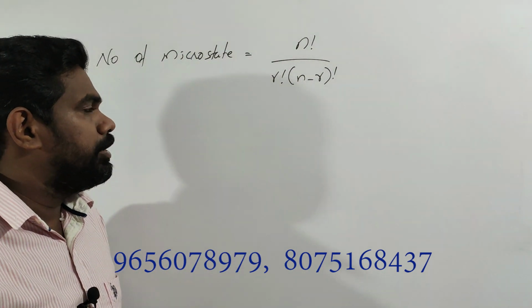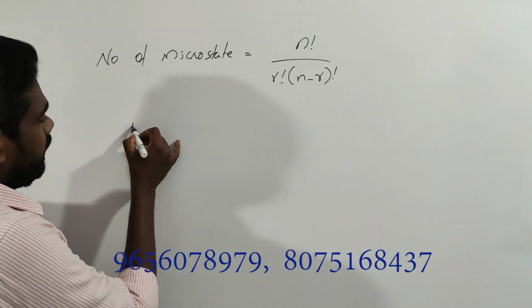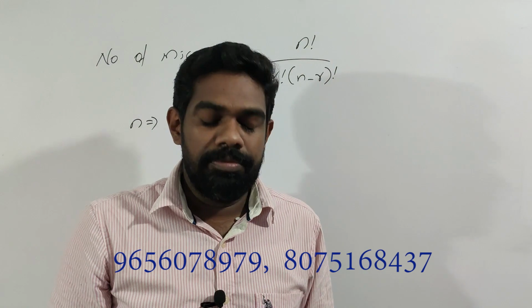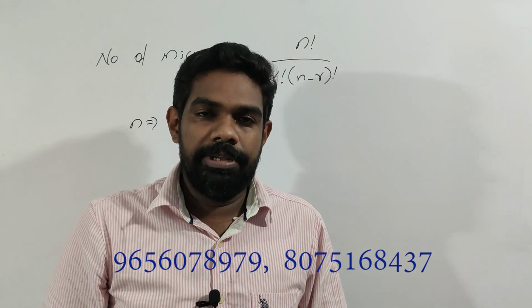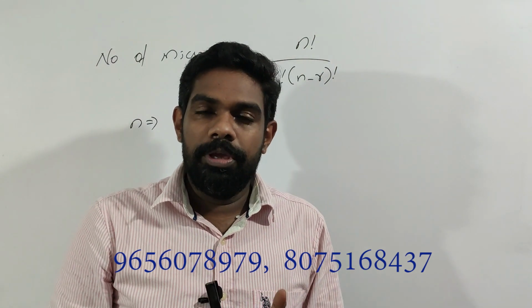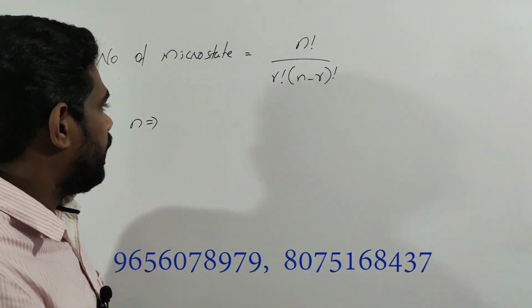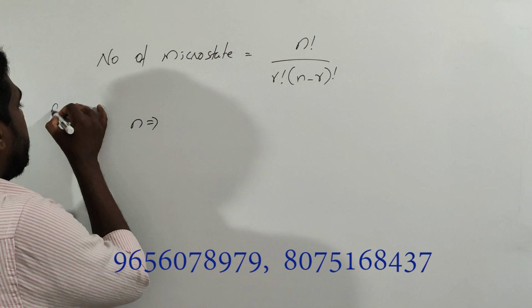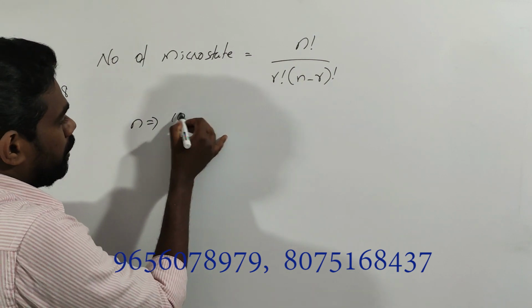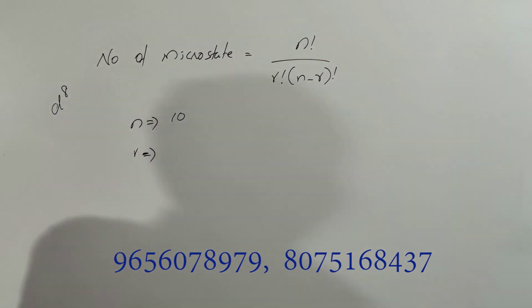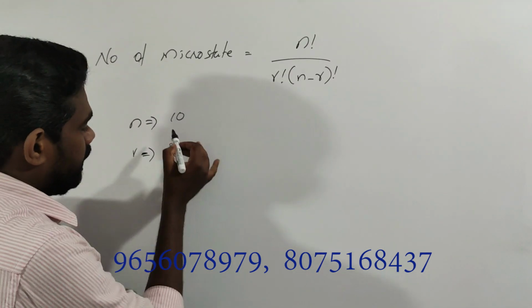This is an easy question. What is n? n is the maximum number of electrons possible in an orbital. That means for d orbital it is 10, for p orbital it is 6, for s orbital it is 2, like that. So we have given d8 electronic configuration, so n equals 10. r is the number of electrons present. In this case it is 8.